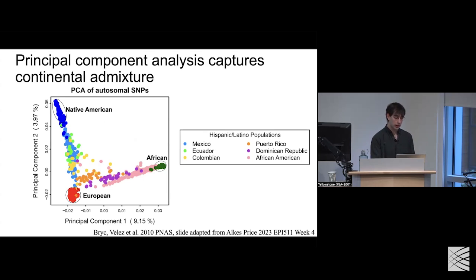But there's also lots of variation within these groups. And so individuals that identify as being from the Dominican Republic have this unique admixture profile. So we can interpret the intermediate values between these far groups as these individuals having contributions from different continental ancestries.